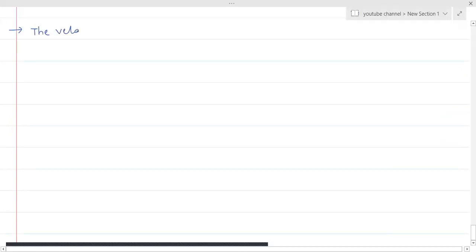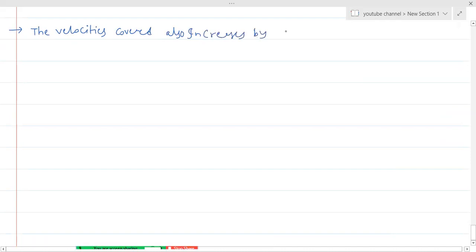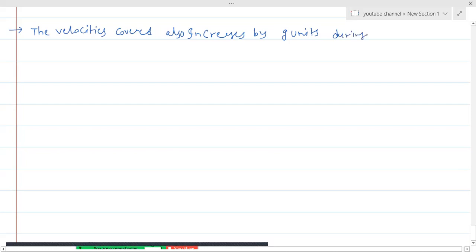And similarly, the velocity also increases by g units during successive seconds.